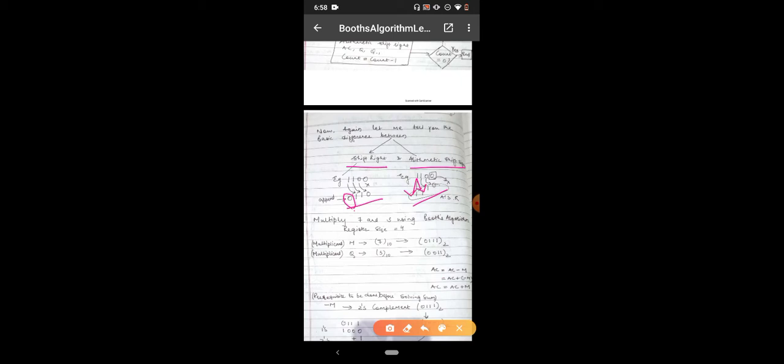So you can see the difference for the same question if you do shift right and if you do arithmetic shift right. Please do note the difference between shift right and arithmetic shift right. Chances are that you may make mistakes without knowing the difference between the two.